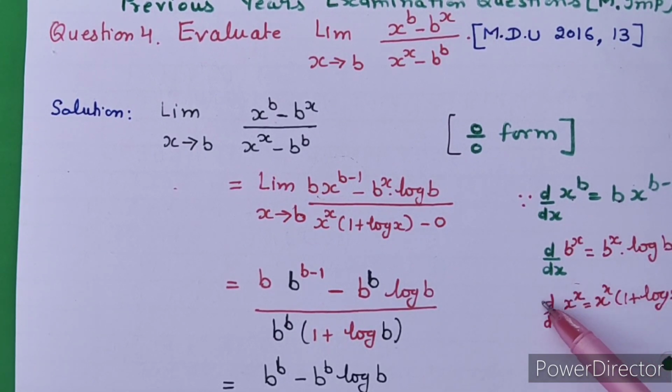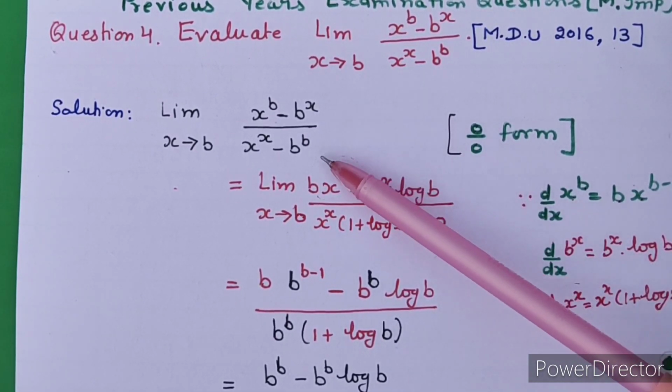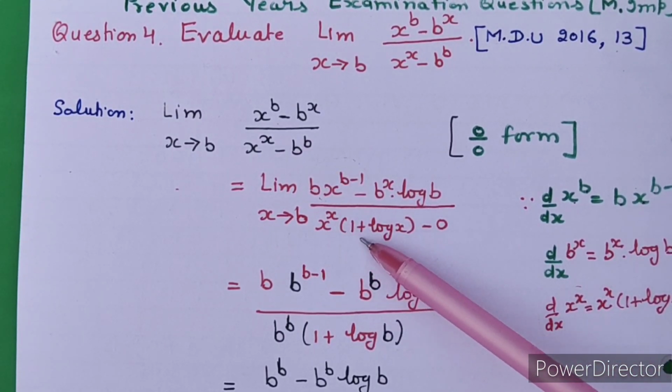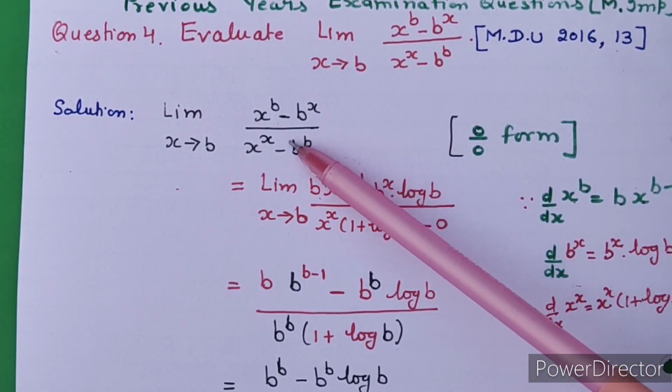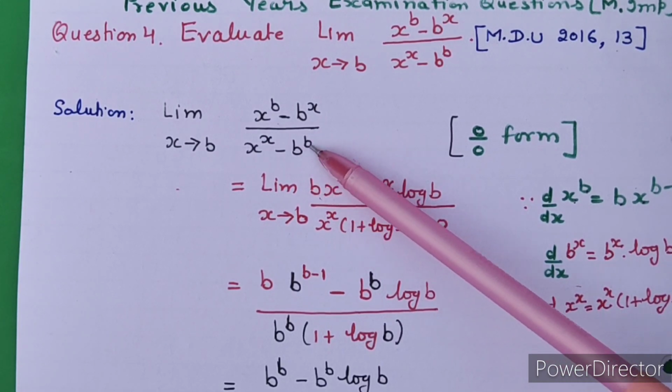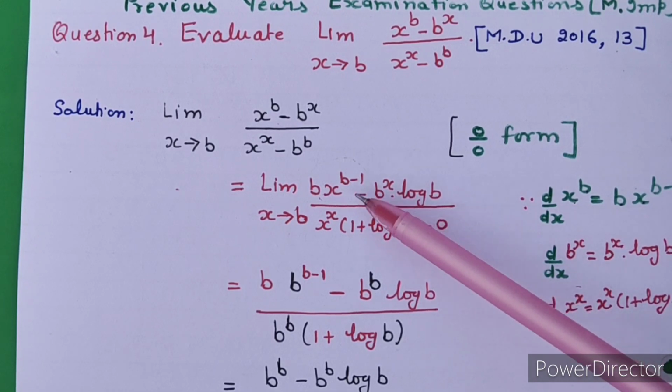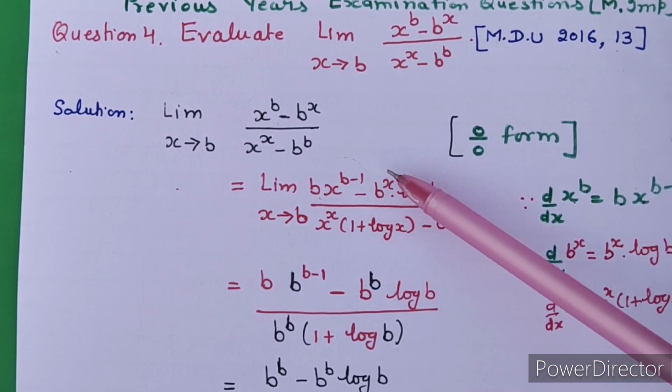So in place of this derivative, I am taking the derivative of these expressions. So x to the power x derivative is x to the power x into 1 plus log x, and this is your constant term. You are differentiating with respect to x, so this value is minus 0. So I am trying to put the values.